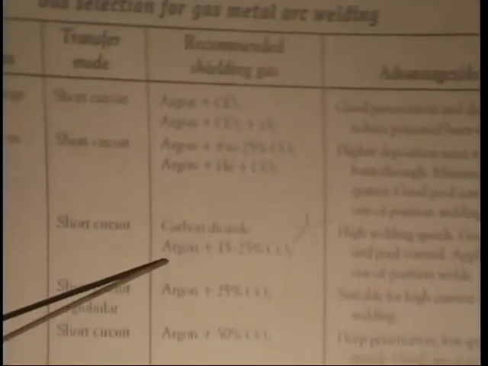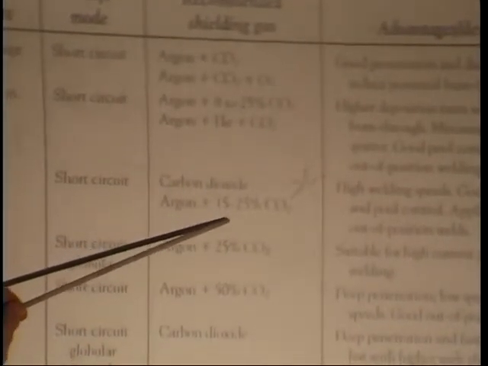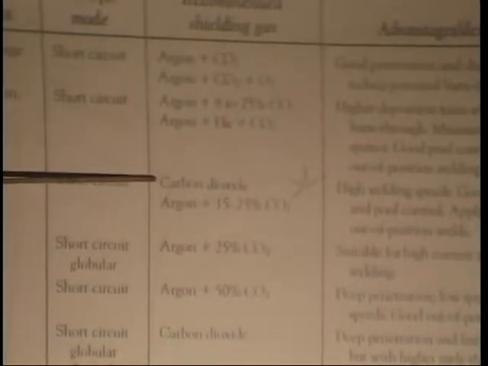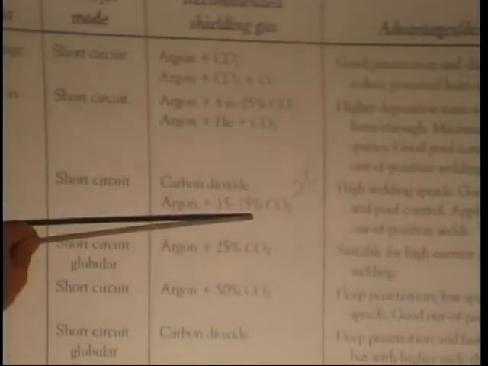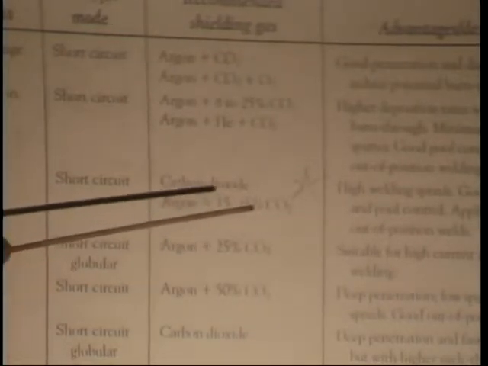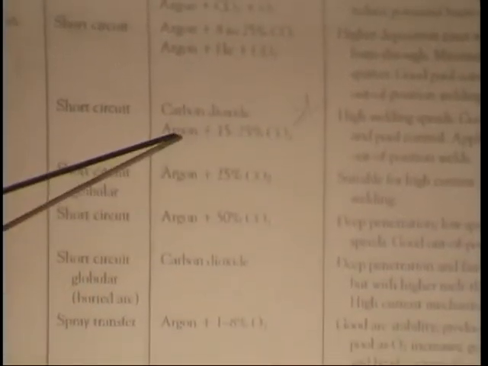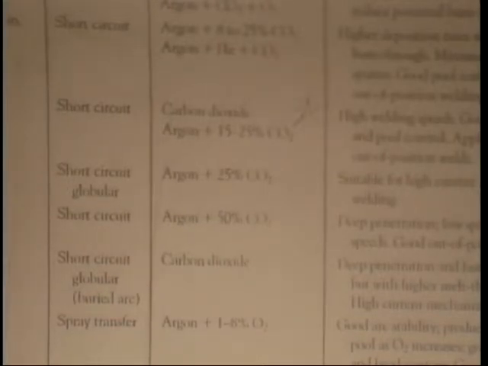Recommended shielding gas, carbon dioxide, argon plus 15 to 25% CO2. So you can use either straight carbon dioxide, or what we use is argon and CO2, 75-25. And then it tells you advantages and so forth right here. You get less spatter if you're using an argon CO2 mix, and better arc characteristics.